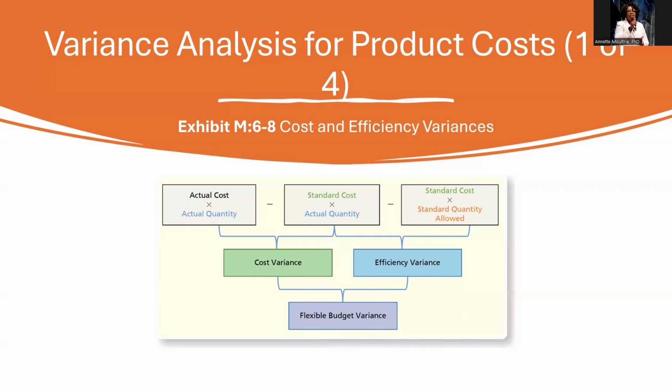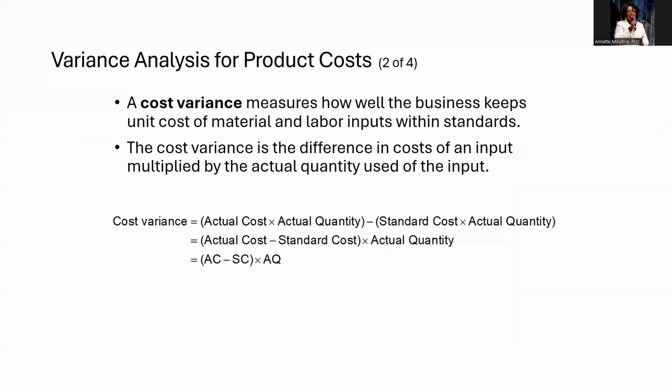So by analyzing these variances, managers can pinpoint cost overruns. They can pinpoint inefficiencies and areas for improvement, right? Ensuring that better financial control and decision-making is in the works for the company. A cost variance measures how well the business keeps unit costs of material and labor inputs within standards.